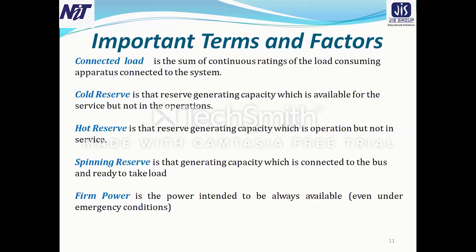Hot reserve is that reserve generating capacity which is in operation but not in service. Spinning reserve is that generating capacity which is connected to the bus and ready to take load. And firm power is the power intended to be always available even under emergency conditions.